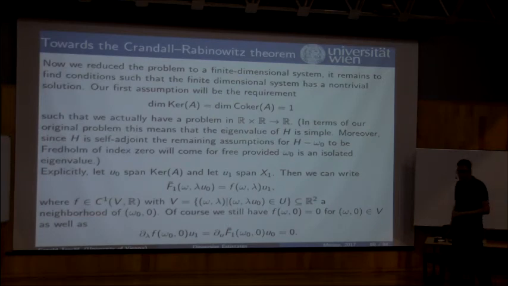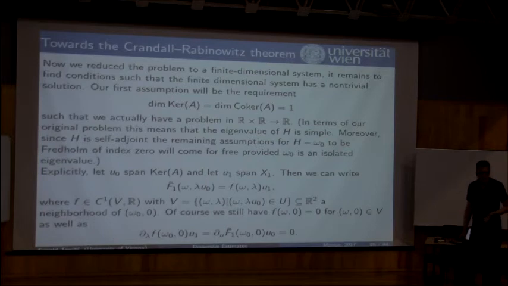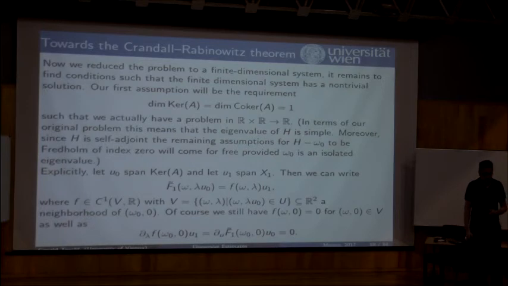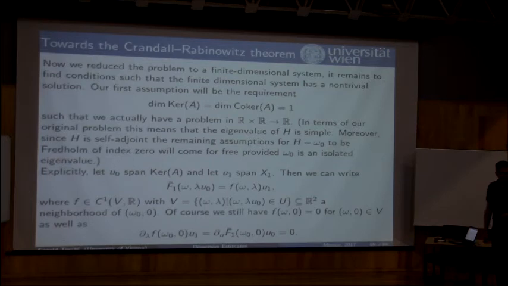Now we want to investigate this and find some condition such that we really get a non-trivial solution for this finite dimensional system. Well, now I would like to simplify the situation a little bit. That's not strictly necessary, but it will be sufficient for us, and we want to have something which can be easily understood. Once you have understood it, it's clear how to generalize the whole thing.